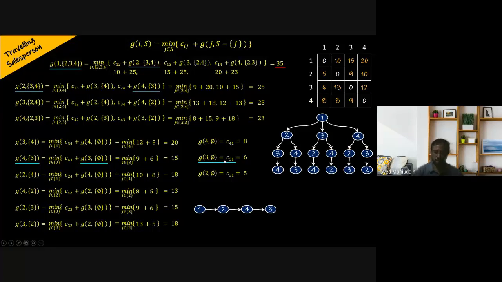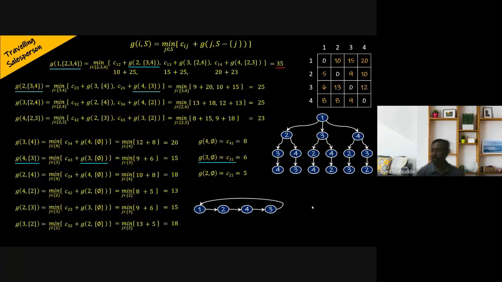Means moving from vertex 3 back to vertex 1. So this is the path a traveling salesperson should take for this graph: starting from vertex 1, visit vertex 2, then visit vertex 4, then visit vertex 3, and ultimately come back to vertex 1. And the cost of this, that is the minimum or optimal cost, is 35.